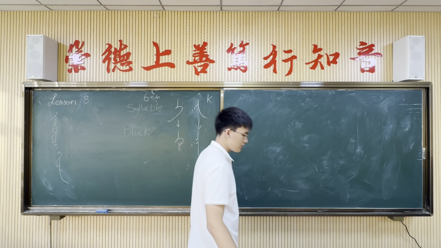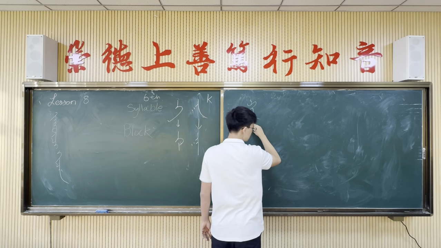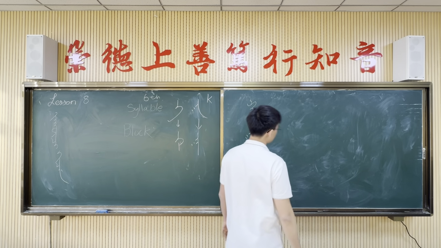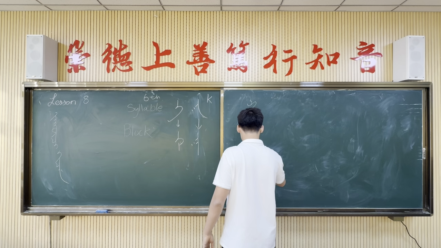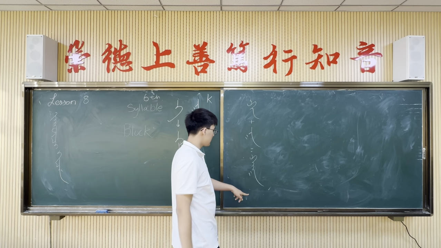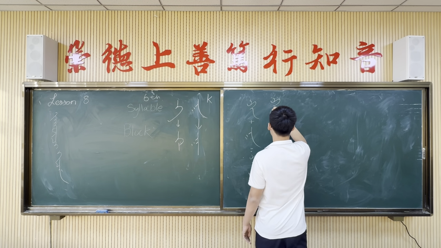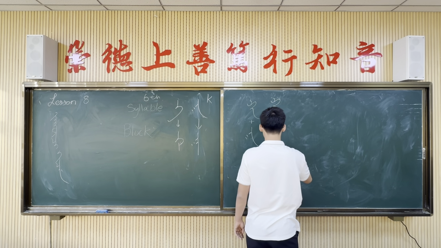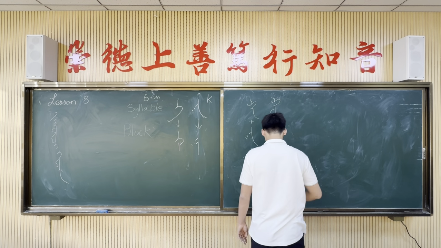Okay, so first we have the word ka. Ka plus k. This reads kak. Kak, right? Then we have ko. Ko plus k. Kok.